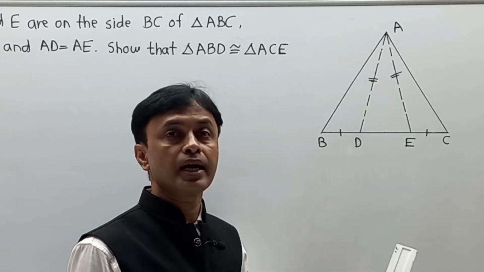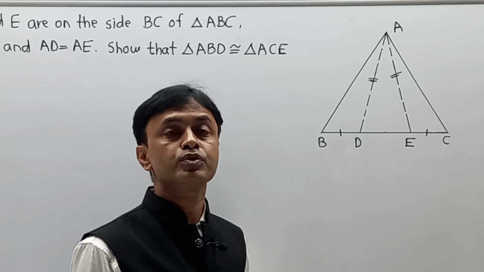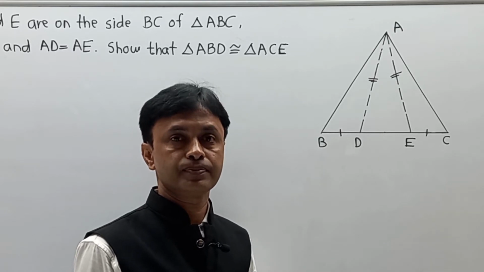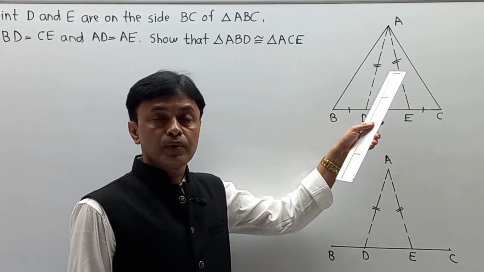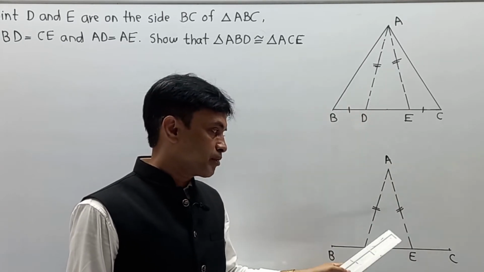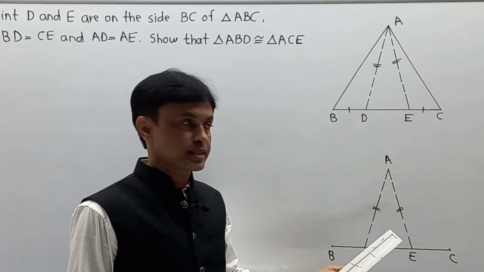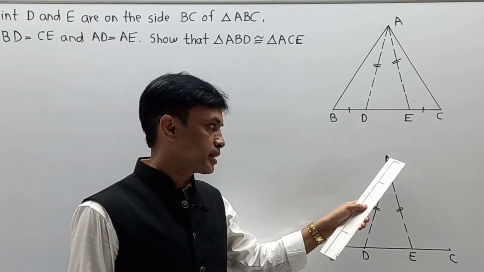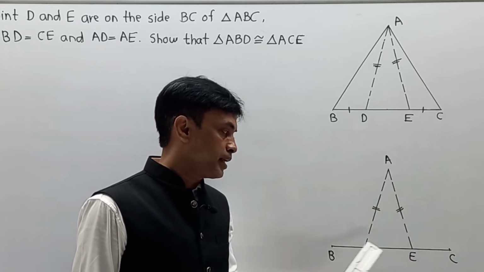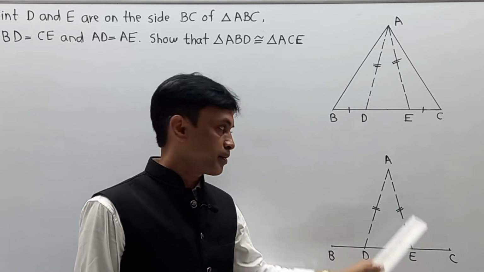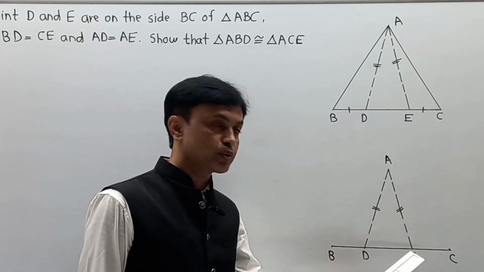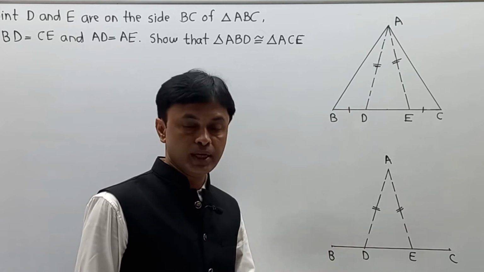Just for your understanding, I am going to draw one additional diagram in front of you so you can easily understand. Now, with this modification of the diagram, as per the given condition, in triangle ADE, AD is congruent to AE.